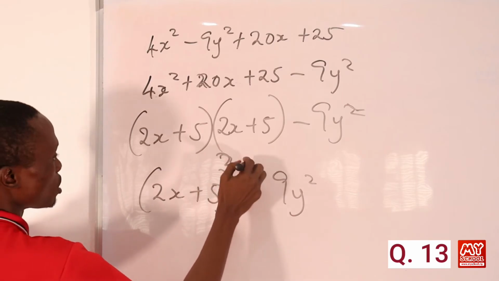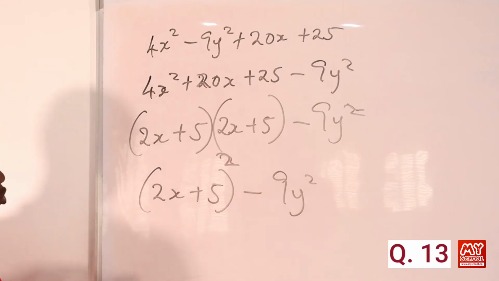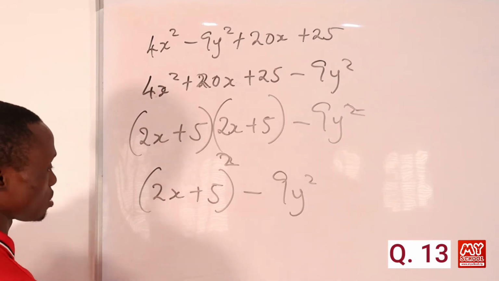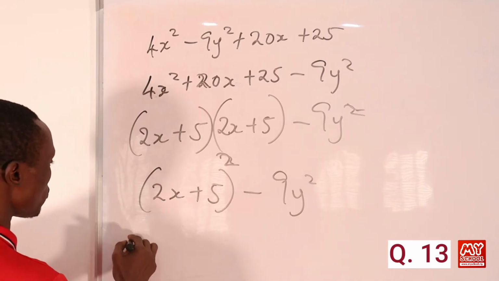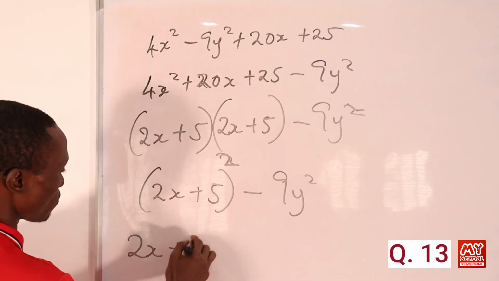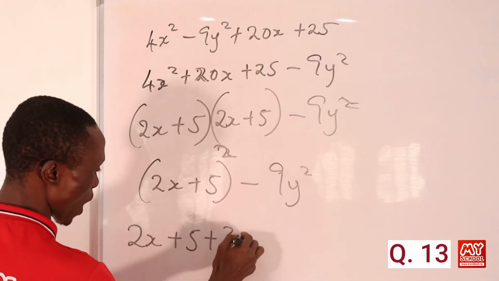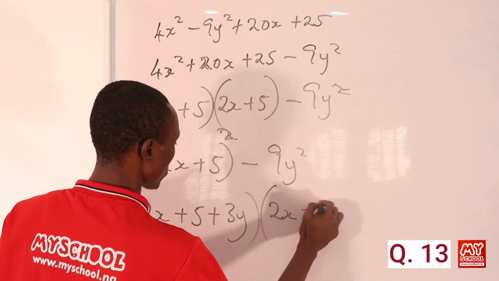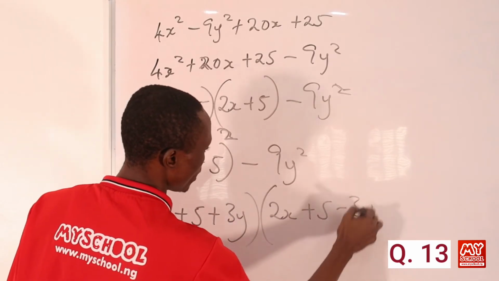This is basically the difference of two squares, which is very easy to factorize. So we'll have 2x plus 5 plus 3y in bracket, and the other side will be 2x plus 5 minus 3y in bracket.